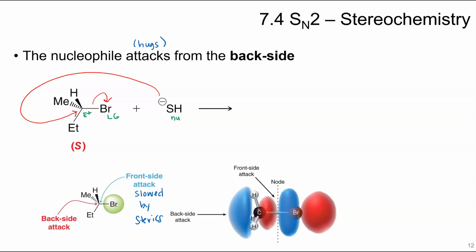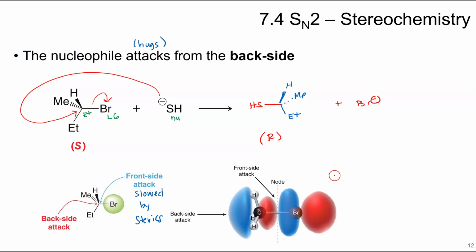So you get that nucleophilic attack. So when that happens, we form a bond with the SH plus Br. So before this stereochemistry was S, and now it is R. You can look at this orbital drawing here.